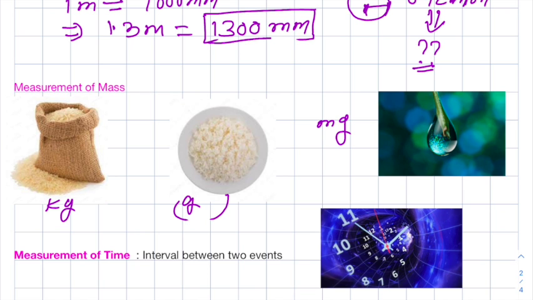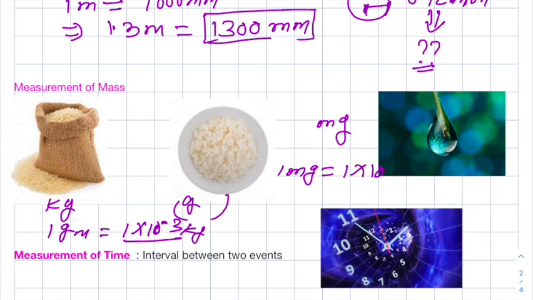Similarly, you can convert: 1 gram equals 1 times 10 to the power negative 3 kg. And milligram is the same way: 1 milligram equals 1 times 10 to the power minus 3 gram.